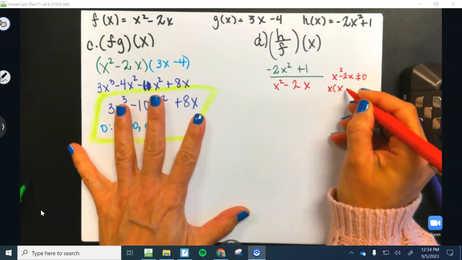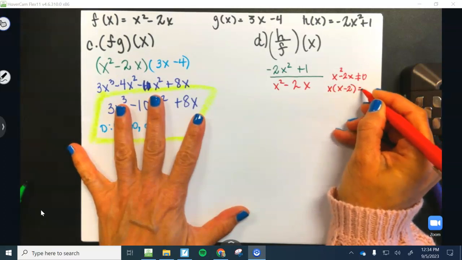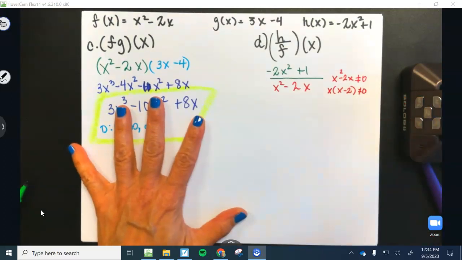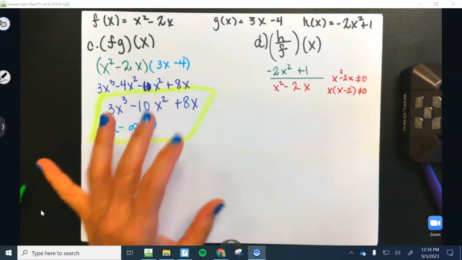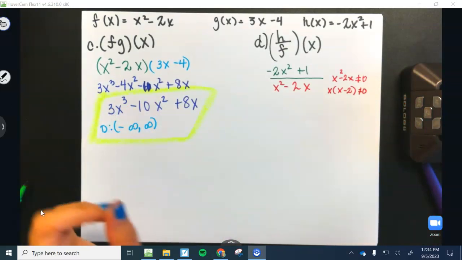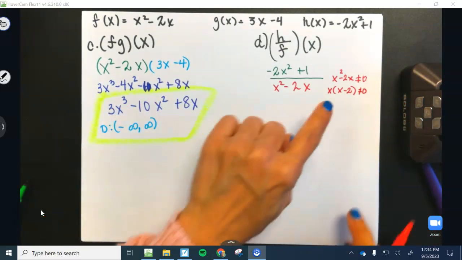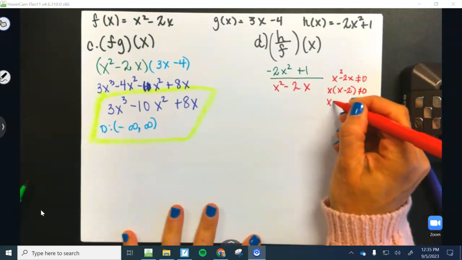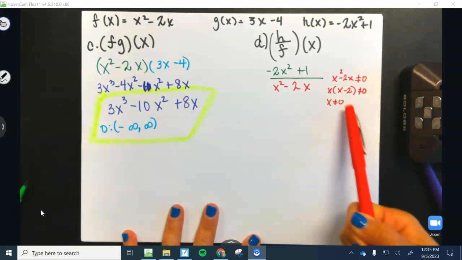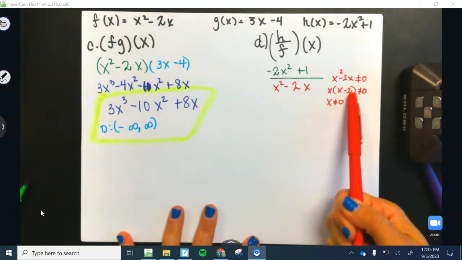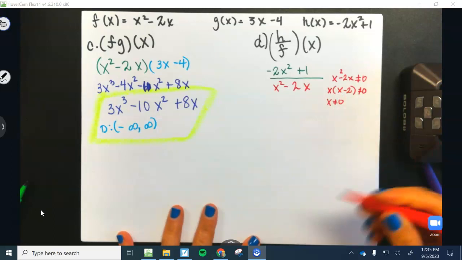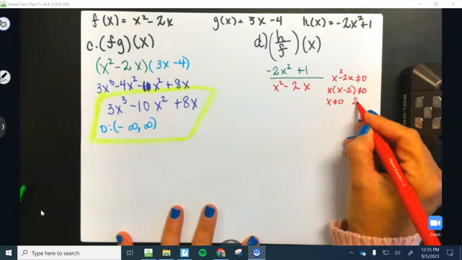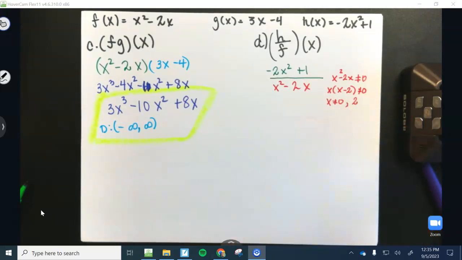Take that x out of both of those terms. Okay, so there's two things that x cannot equal. This single x cannot equal 0. Look in the parentheses. What can x not be in the parentheses? Very good. So it cannot equal 0, and it cannot equal 2.